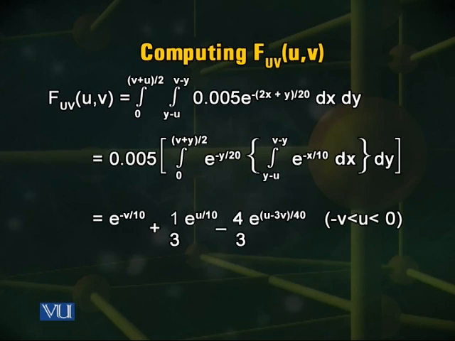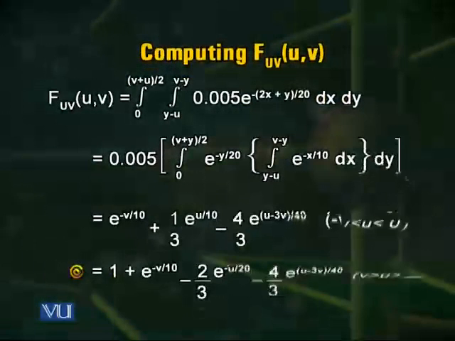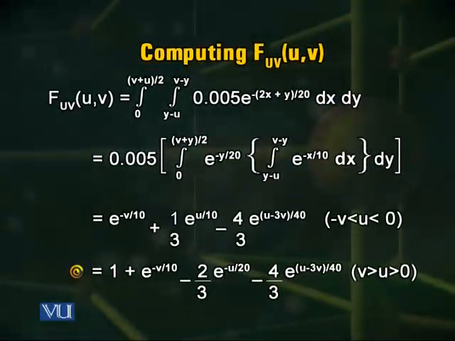So this expression is valid as an expression of joint CDF of u and v if u is a negative number. If u is a positive number, then the expression for joint CDF of u and v comes out to be, as you can see on your screen, 1 plus e raised to power minus v over 10 minus 2 over 3 times e raised to power minus u over 20 minus 4 over 3 times e raised to power u over 40 minus 3v over 40.